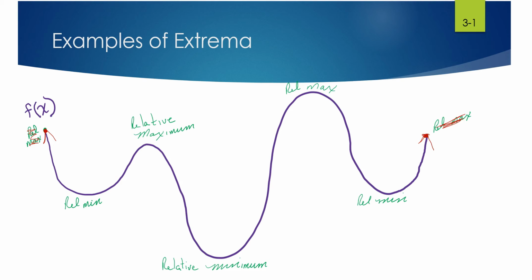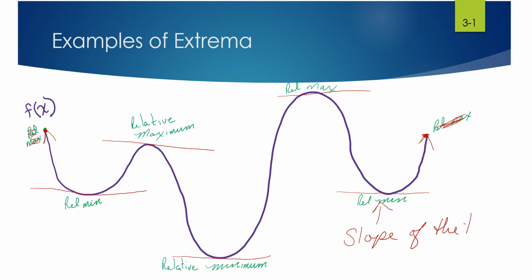Now, if I take my tangent line and I slide it along my graph, you'll notice that at all of the relative extremum, the tangent line goes flat. And although I'm not as good at drawing it as I would be if I were a computer system, you can tell that these are all horizontal tangent lines at a maximum or a minimum, and therefore at these points the thing that we know is that the slope of the tangent is equal to 0.